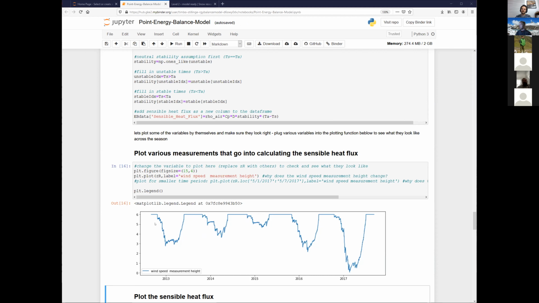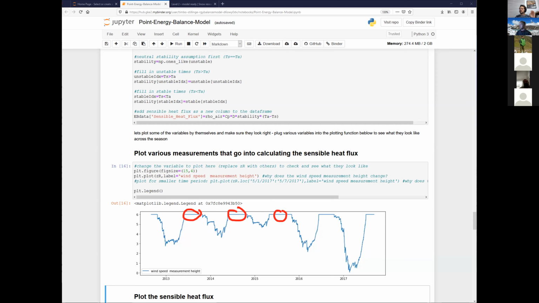And so the reason this wind speed height measurement is changing all the time is we're actually accounting for the fact that the snow depth is changing. Our wind speed measurement device is always at the same spot, 6 meters above the bare ground, which is why you can see in these flat parts, when there's no snow, the wind speed measurement height is constant.